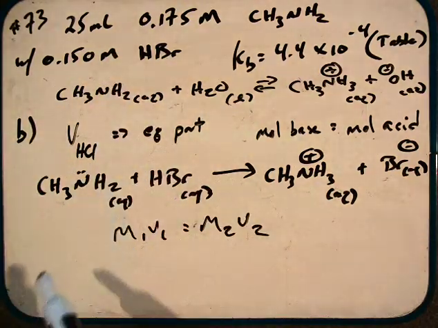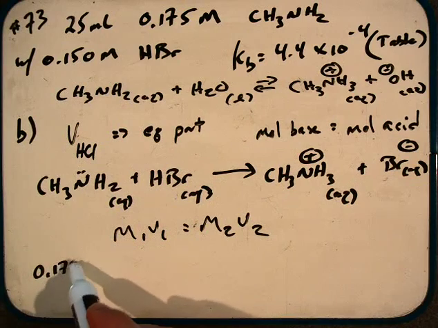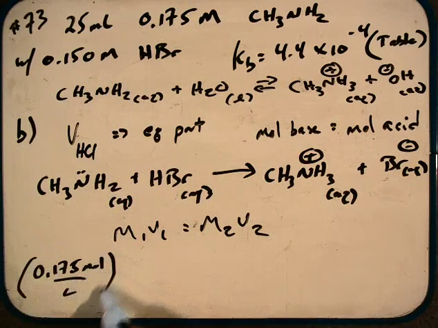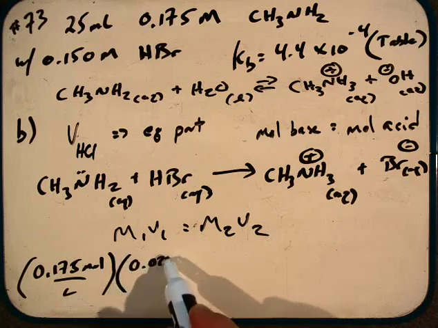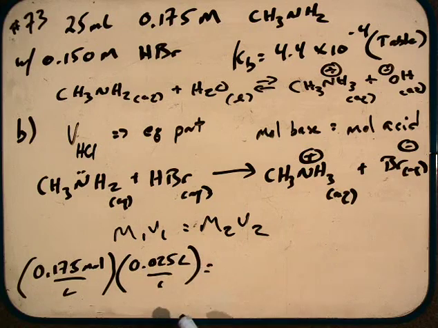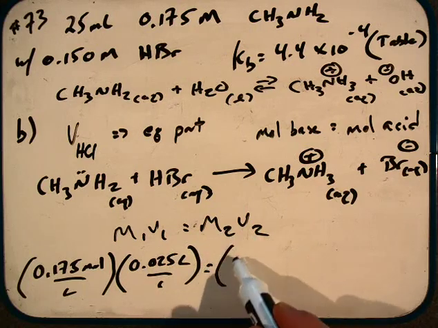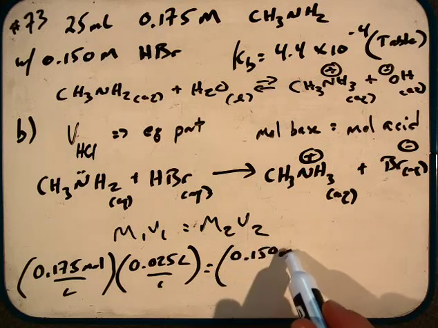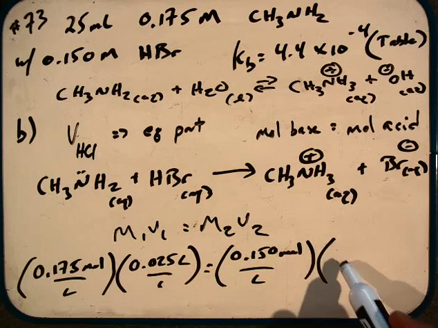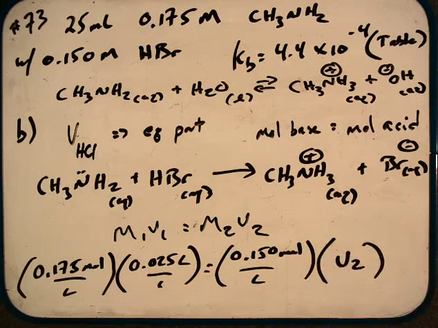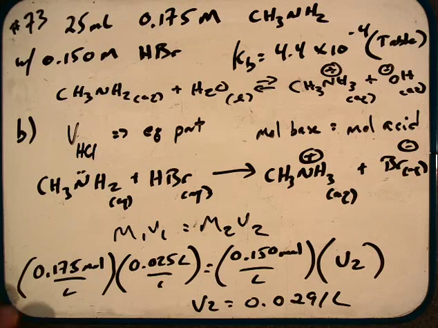So we take the concentration of our base times its volume, and that's going to equal the concentration of the acid that I'm using times that unknown volume for the equivalence point. And so the volume is 0.0291 liters. So that is our volume of added acid in order to neutralize all of the starting base.